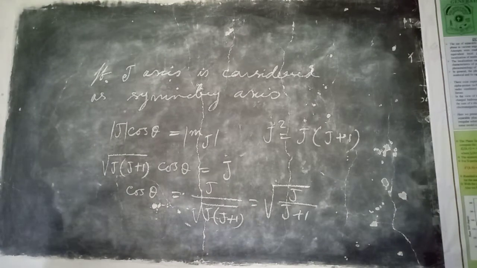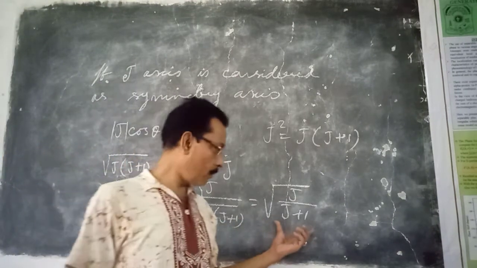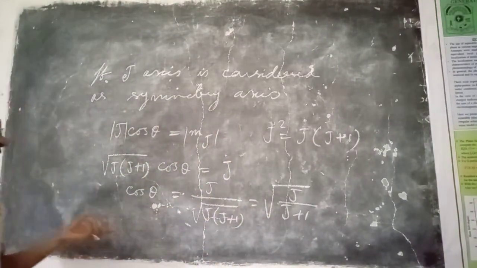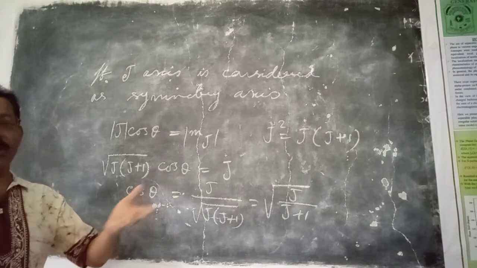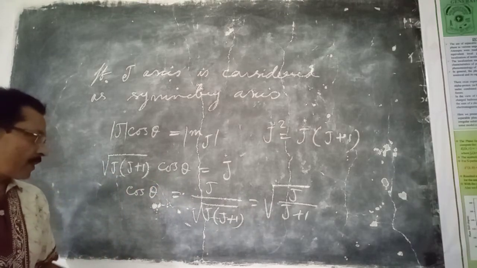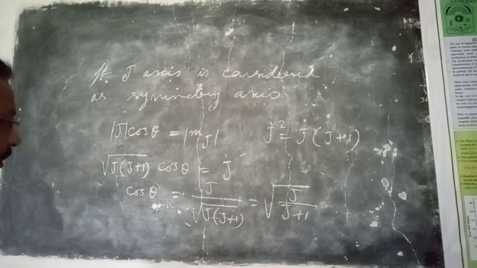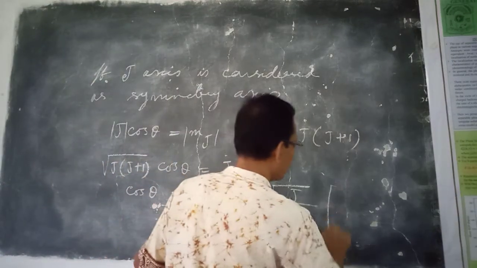Now this relation is actually not valid for J equal to 0. This is not true for J equal to 0, because for J equal to 0 we have no projection at all.